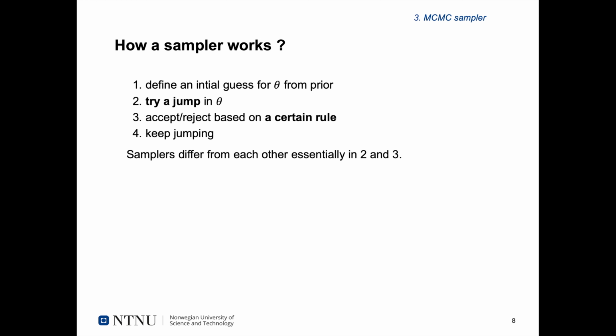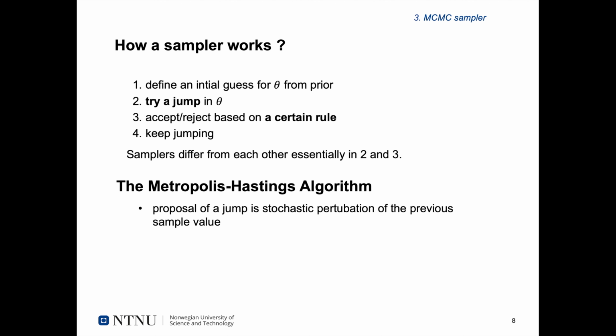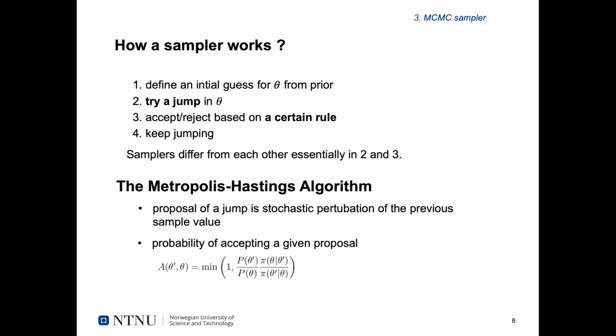the well-known sampler, Metropolis Hastings, proposes a jump that is a stochastic perturbation of the previous sample value. In other words, the proposal is just a random walk. The probability of acceptance is determined by function A of theta prime and theta. Theta is our current sample value, and theta prime is the proposal.